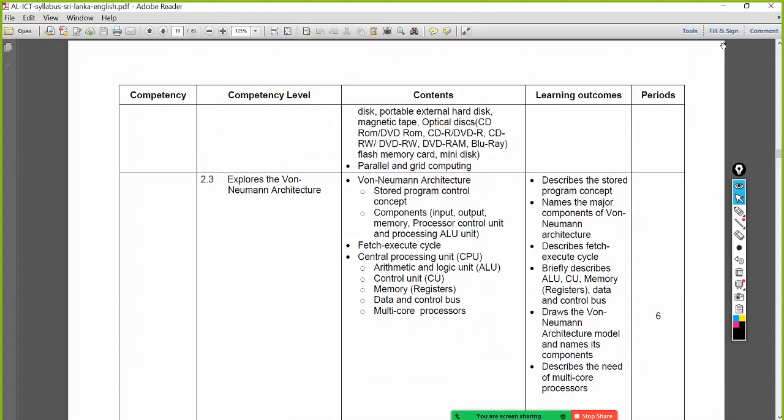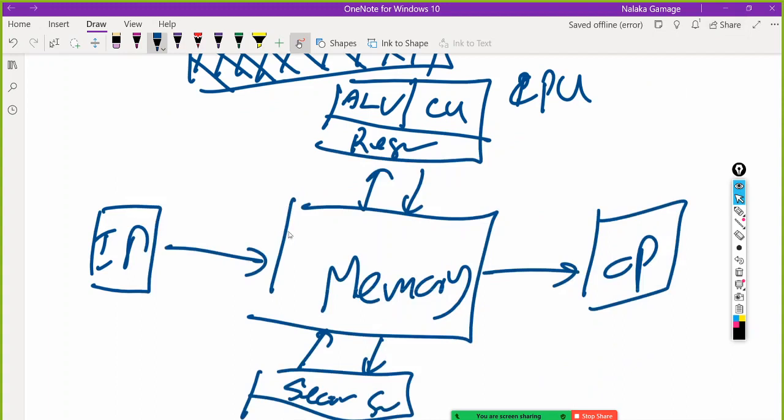Anyway, we are going to take that seriously next time. So input devices are there, memory is there, processor is there, output is there, secondary storage is there.